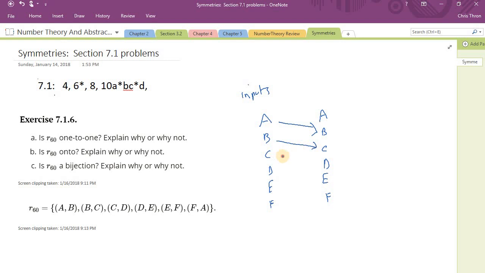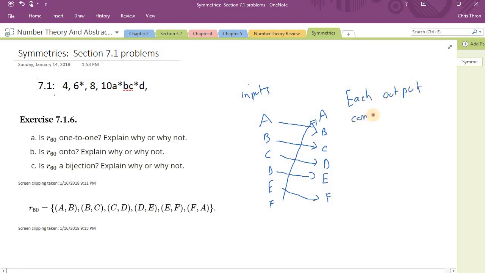A goes to B, B goes to C, C goes to D, D goes to E, E goes to F, F goes to A. So each output has only one arrow into it. So each output comes from only, or I can say at most, one input.